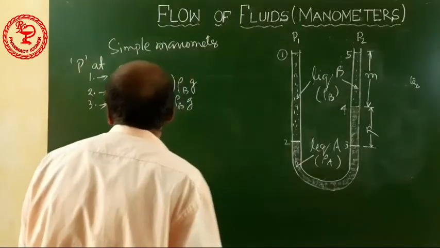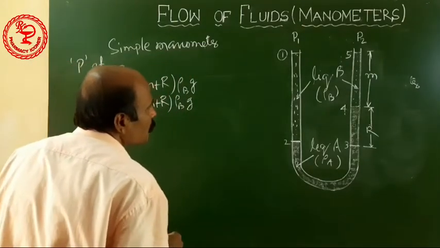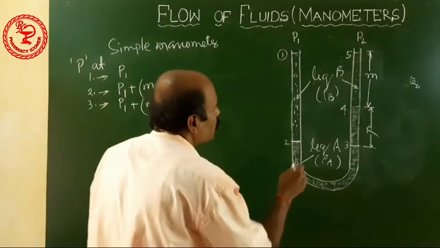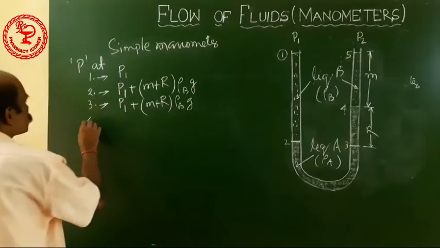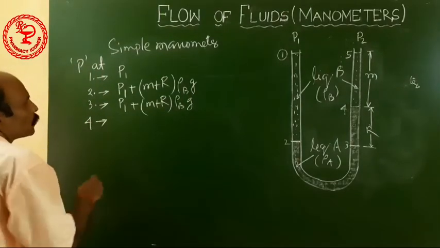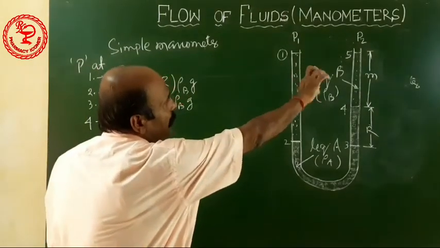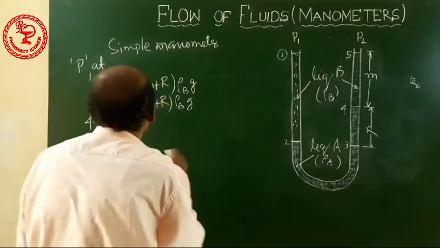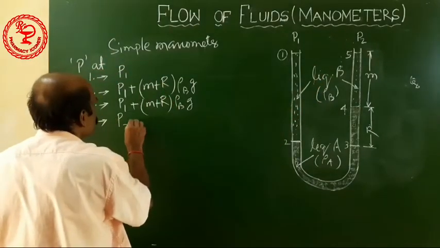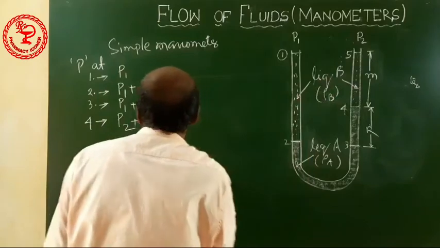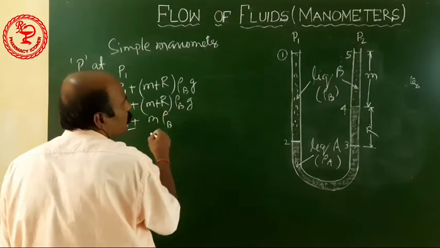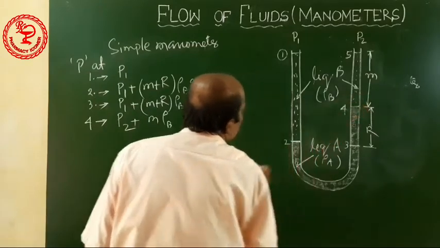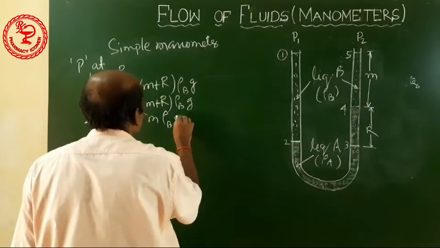Now, pressure at point 4 will be P2 plus the pressure of this height, P2 plus m rho b, this is also the rho b liquid present, m rho b into g.